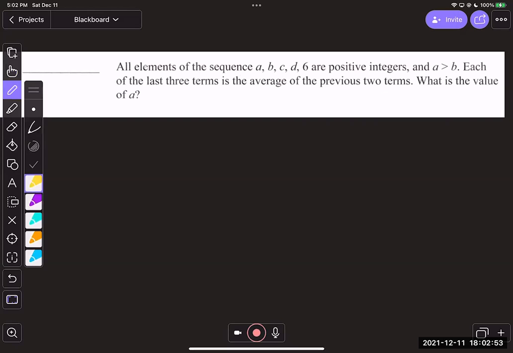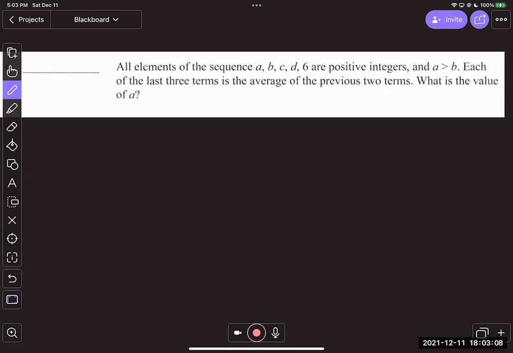So from what we know, a couple things. First things first, we know that A, B, C, D, and 6 are positive integers. We know that A is bigger than B, and each of the last 3 terms is the average of the previous 2.